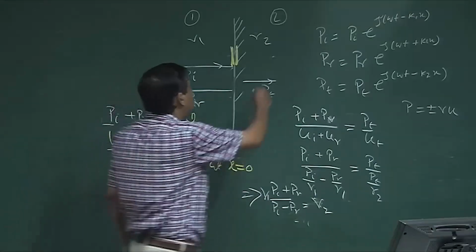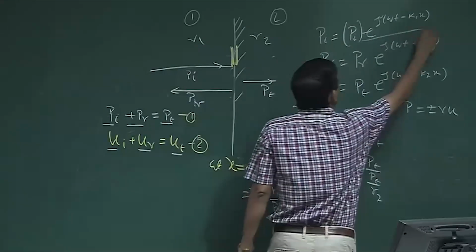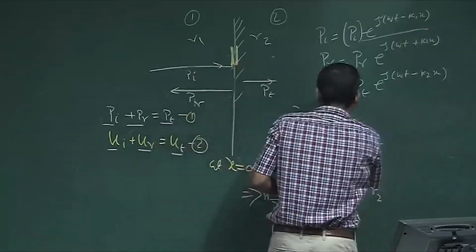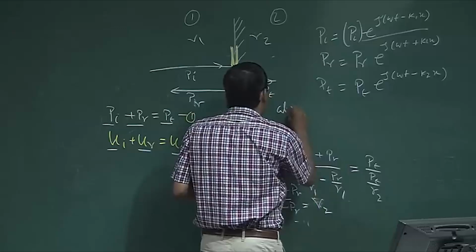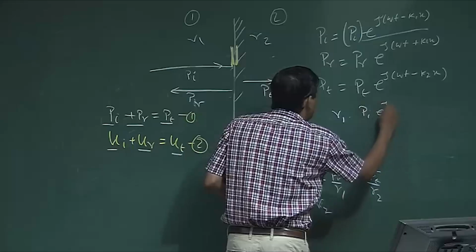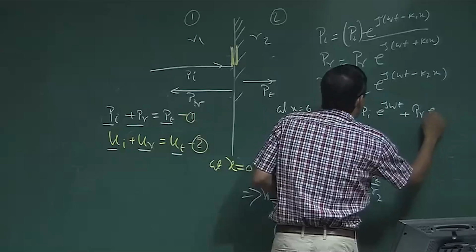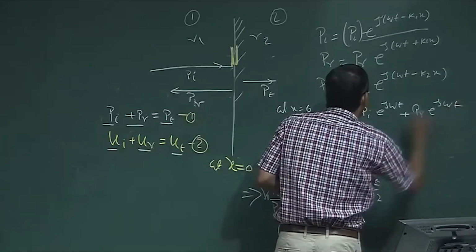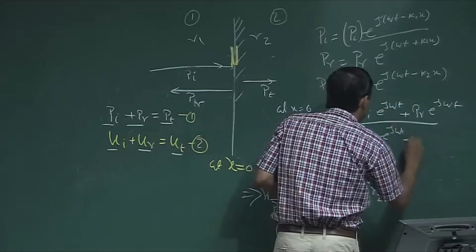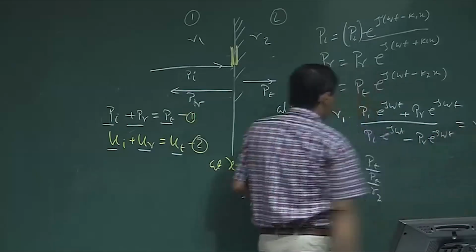At x equal to 0, Pi is only the amplitude. So, R1 into Pi into e to the power j omega t plus PR into e to the power j omega t, divided by Pi into e to the power j omega t minus PR into e to the power j omega t, is equal to R2.